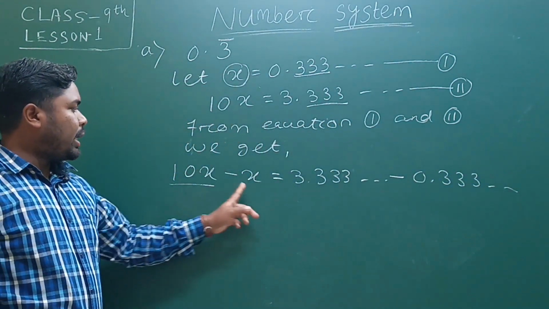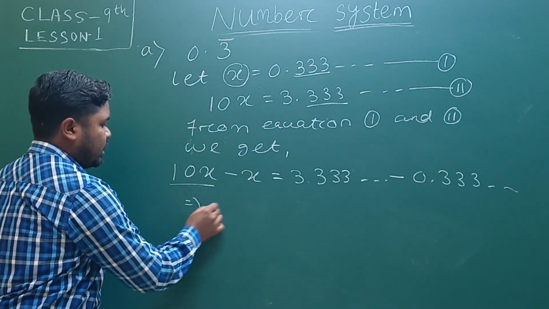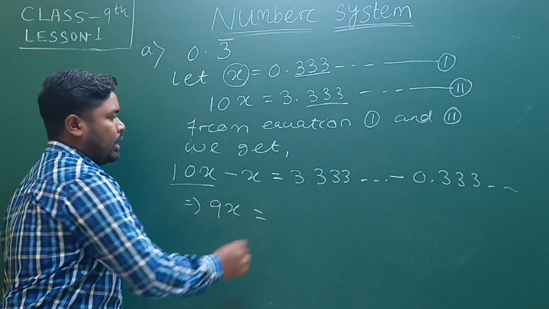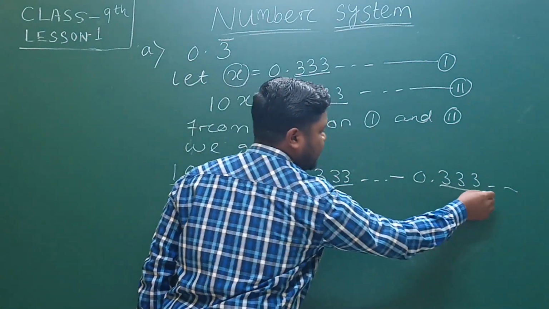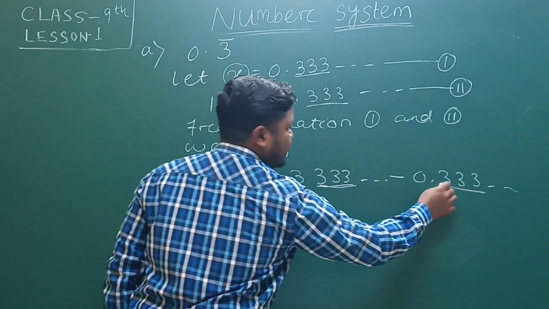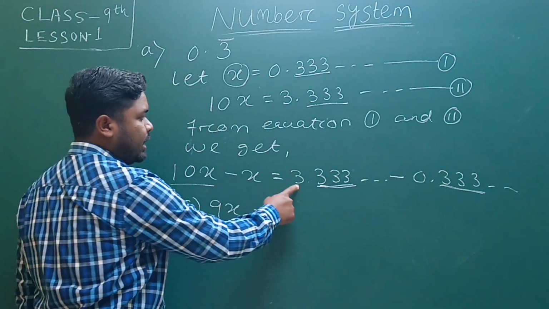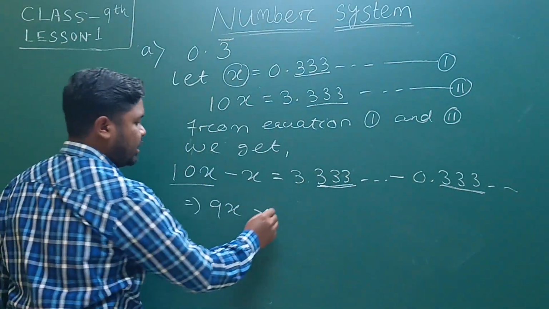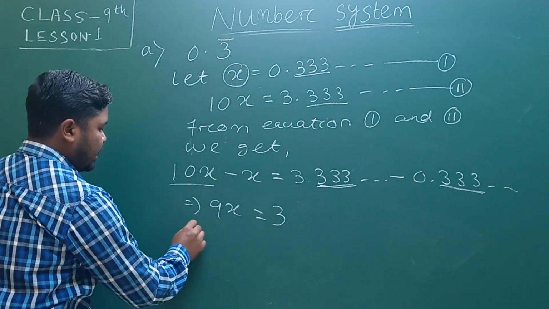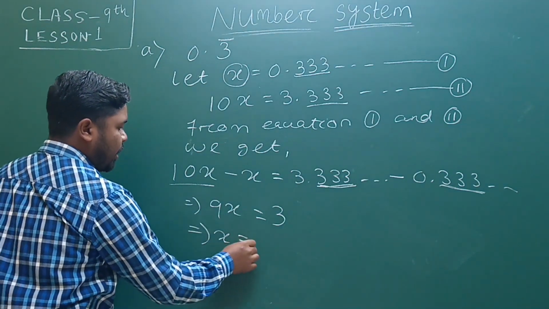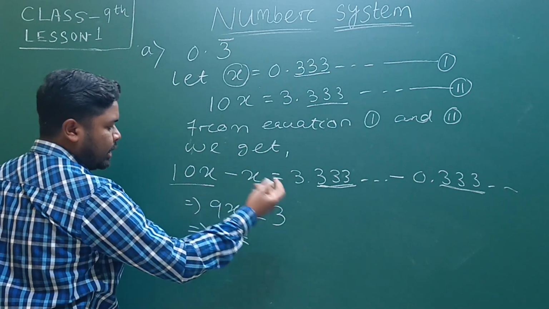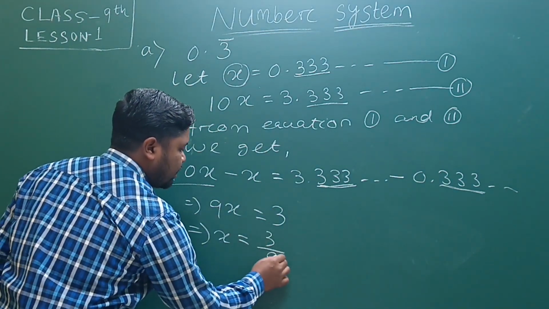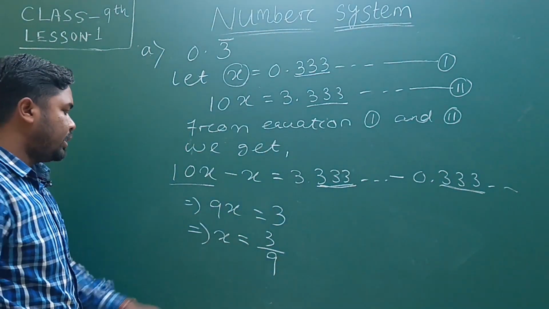So 10x minus x is 9x, and after the decimal points the numbers are the same here, so this part is 0, and 3 minus 0 is 3. Then x equals, here 9 is multiplied with x, so 9 is divided with 3.